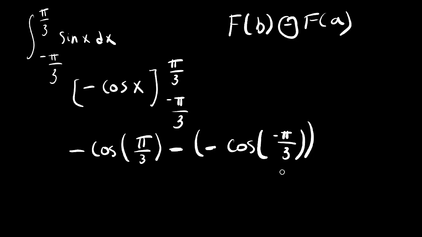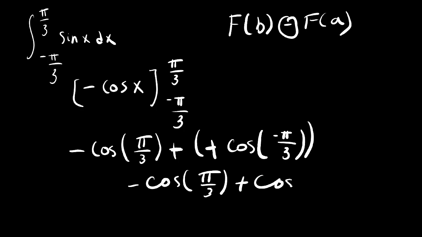Minus minus becomes plus, obviously. So negative cosine of pi by 3 plus cosine of negative pi by 3 is our main answer, or we're getting close to the answer now.